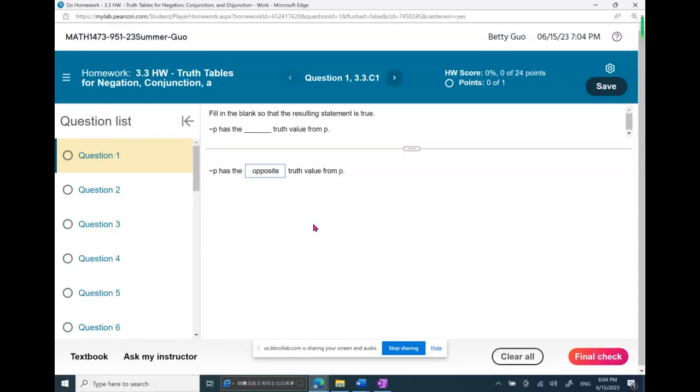So if P is true, then not P would be false. P and not P always have the opposite truth values. If we place the negation in front of a statement, then we change the truth value from false to true or from true to false.